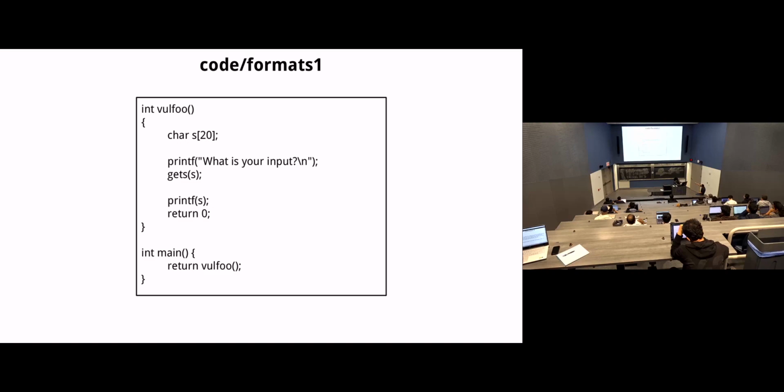The second one, we have gets. After gets, we're going to type something, and whatever we type is put inside that local variable s. Then we have another printf. This printf is the vulnerability.